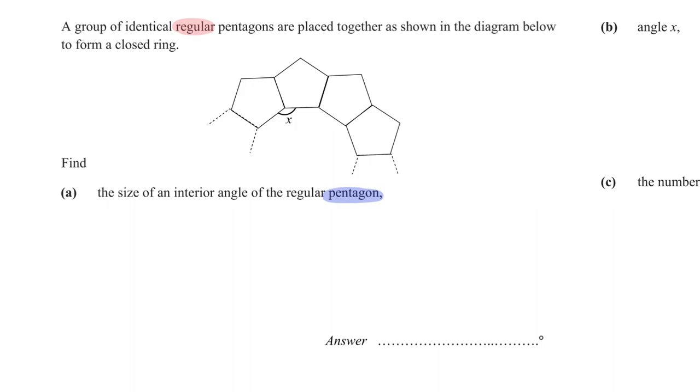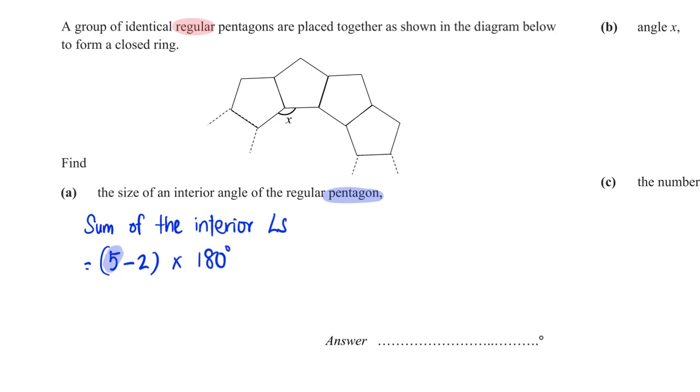So step 1, I would be able to find the sum of the interior angles. In this case, 5 minus 2 times 180 degrees. This 5 is the number of sides.